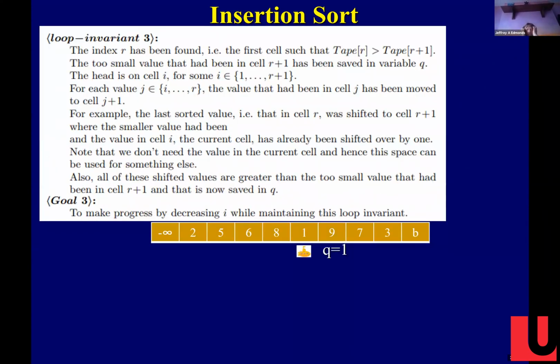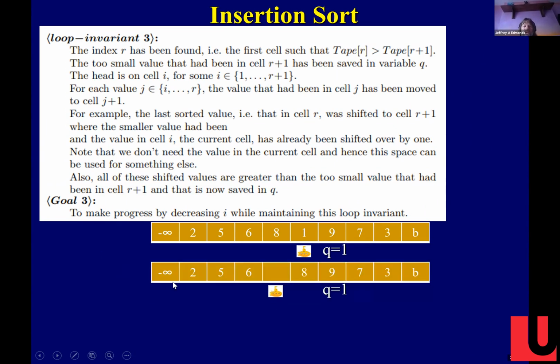And now we can talk about loop invariant 3. Now we're starting to run that next loop, that third loop. And what does it say? Well, there's a lot of talk here, but let's say what's going to happen. It's just what you expect to happen, right? We're going to start moving the head left. And what's going to be true is that the head is always going to be somewhere. Wherever the head is, it might not actually be a blank. There might be a value there, but the value that's there, we don't care about.